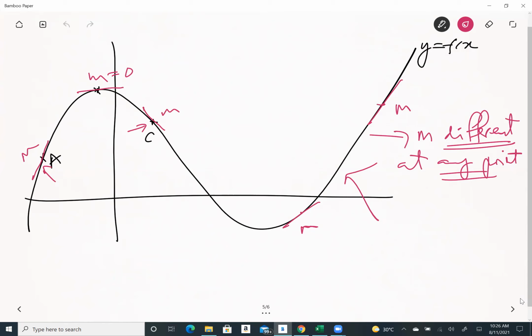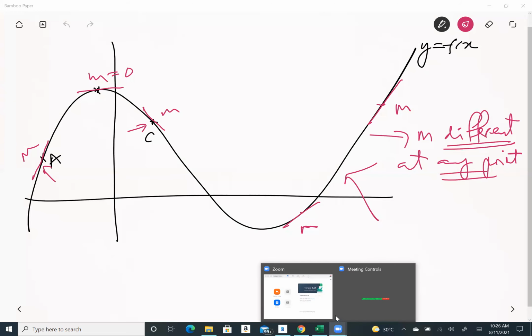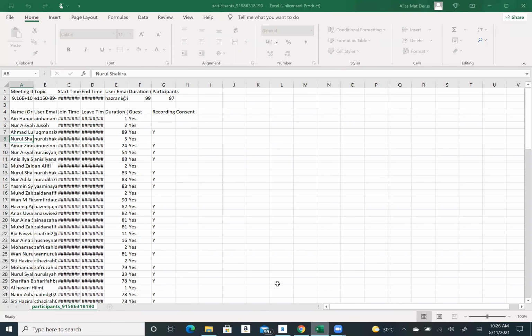Before we move on, I would like to just review a little bit about our attendance. I would like to show you attendance. This is the attendance that you do in Zoom.